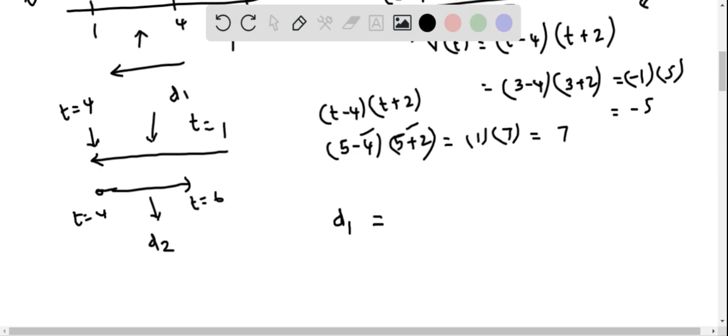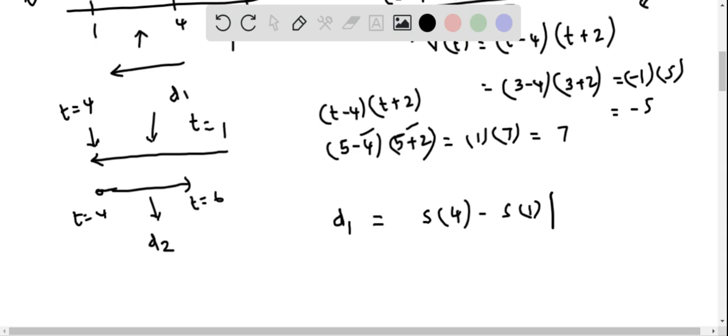So the distance d1 is basically the absolute value of the change in position of the particle from t equal to 1 to t equal to 4 seconds. We can write this as the absolute value of s of 4 minus s of 1.